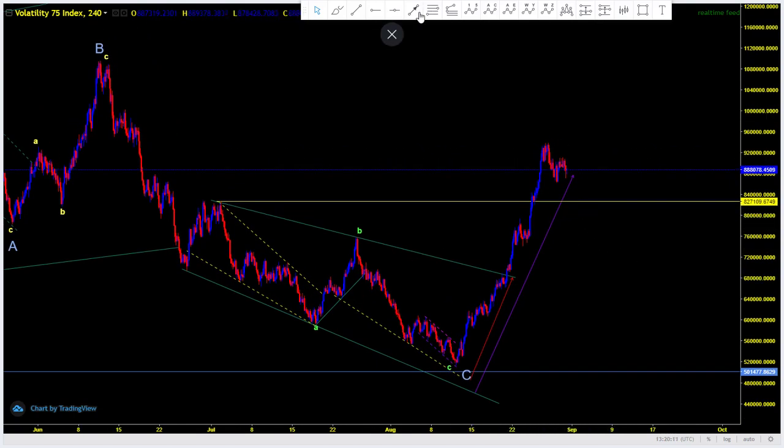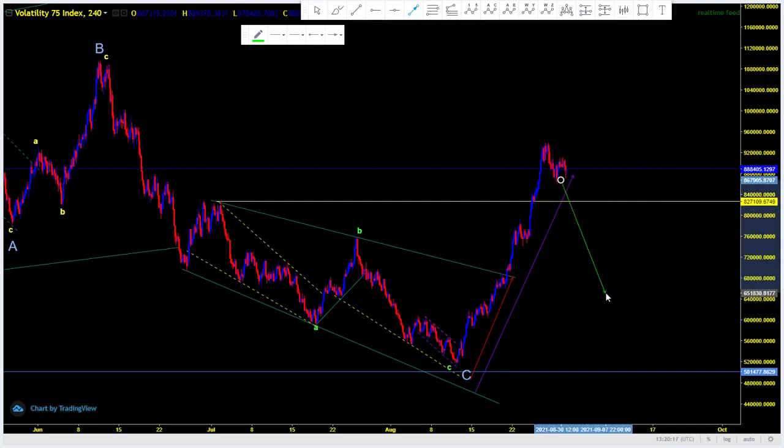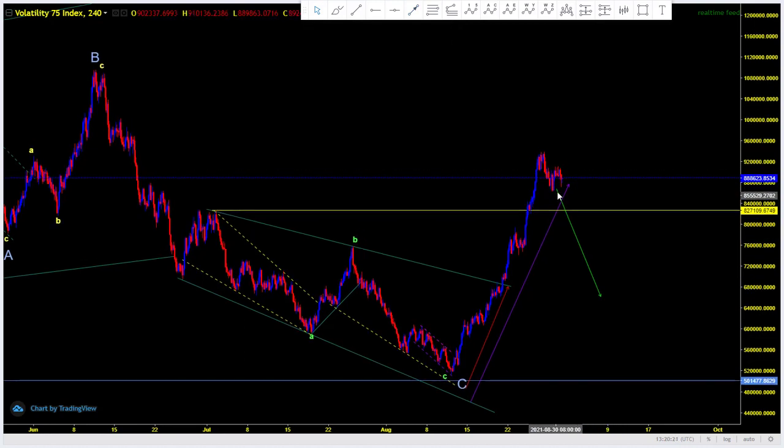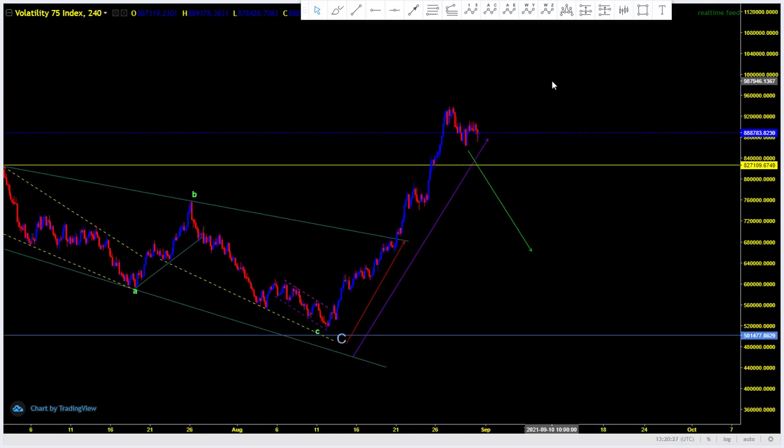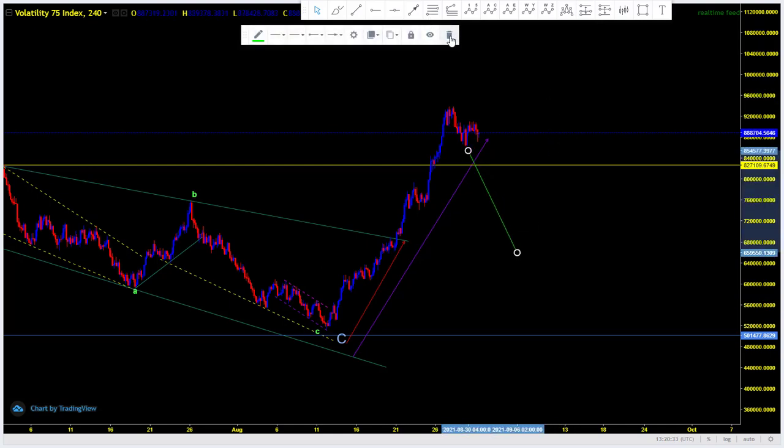Because of this, now I'm expecting a retracement to these areas, but we need to be careful. We need to look at what we have right now and what exactly we can expect to get from this V75 here.